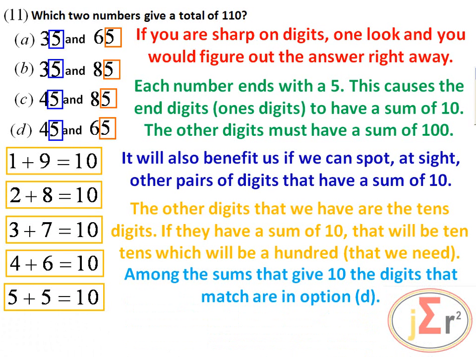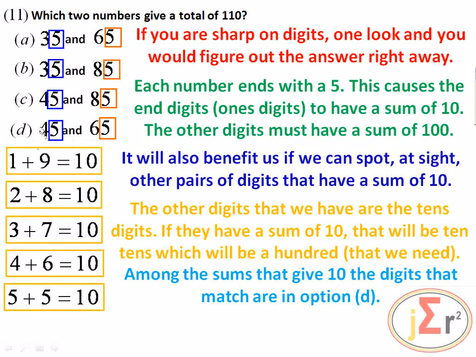Among the sums that give 10, the digits that match are in option D. So we are sure that option D is our correct answer. So add the 2 5s, we get 10. We need to add the tens digits to get 10. So 10 tens, 100. So we just need to look at the pairs and see which pair will add to give 10.